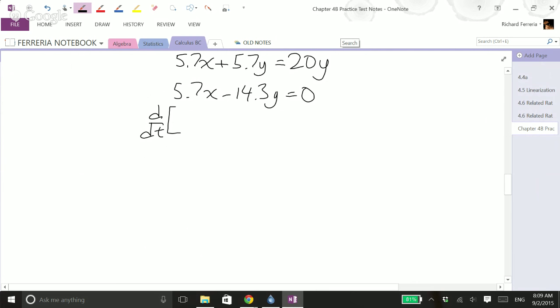Derivative of the left side, 5.7x minus just this minus 14.3y. That's going to be the derivative with respect to t of 0. Great.